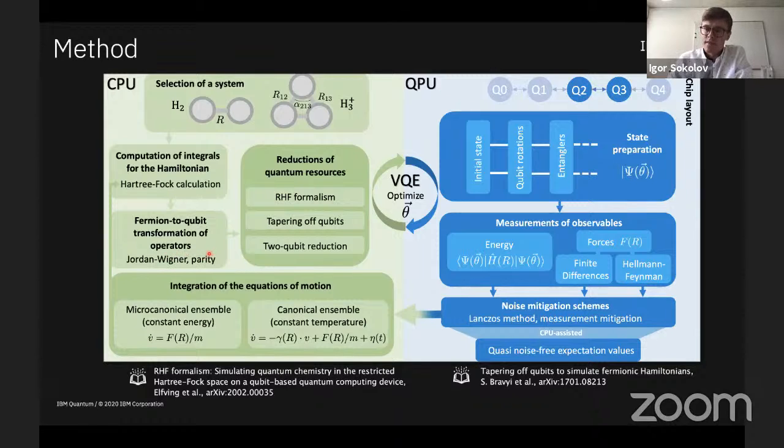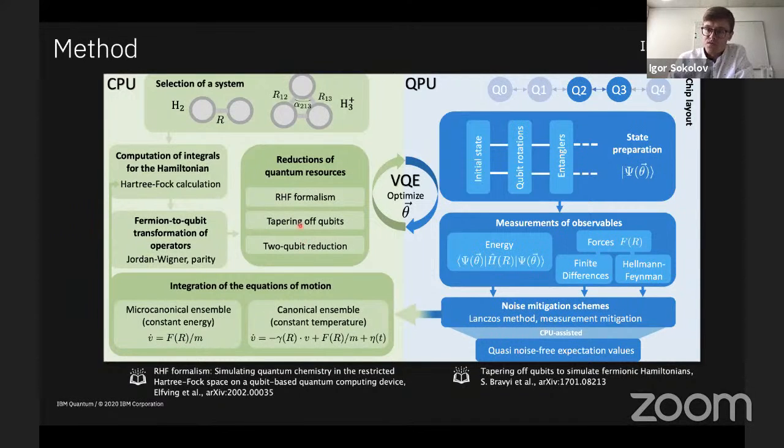In our case, we employed the parity mapping because we can profit from the symmetries present due to this mapping, using the 2-qubit reduction, which takes out 2 qubits from the system, allowing us to obtain results faster. So, for instance, for the H2 molecule, we would not have 4 qubits, but 2 qubits.